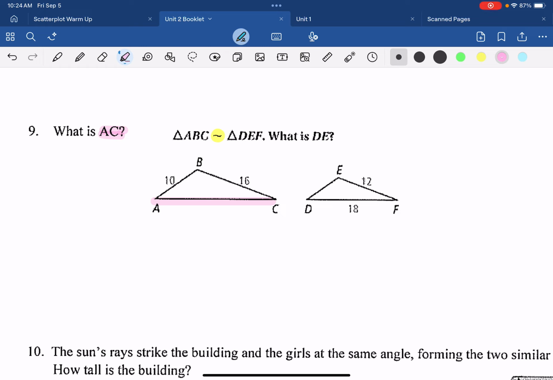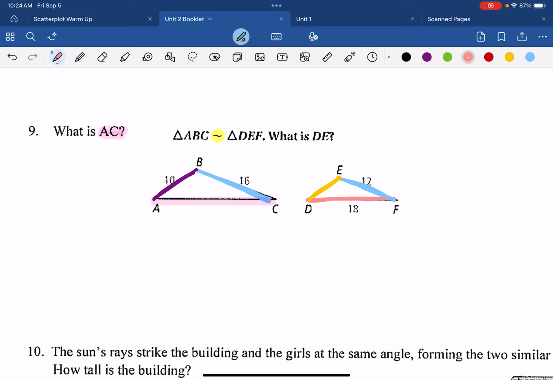All this means is I know that AB and DE are related to each other. And I know that BC and EF are related to each other. And I know that my AC and my DF are related to each other.